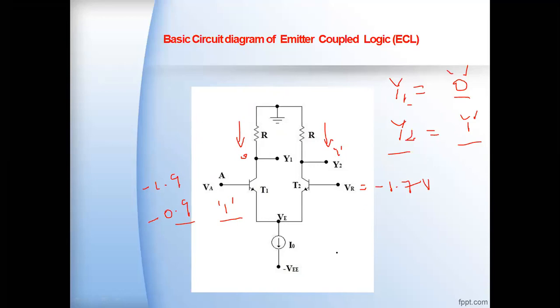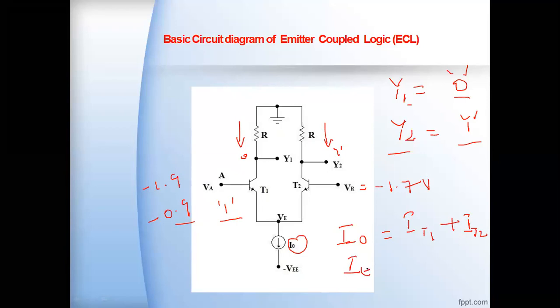And one more point you can observe, what is this current I0 here? The I naught is the total current here, which is the sum of the transistor T1 current plus transistor T2 current, isn't it? Right. So the total current I naught is nothing but the emitter current.